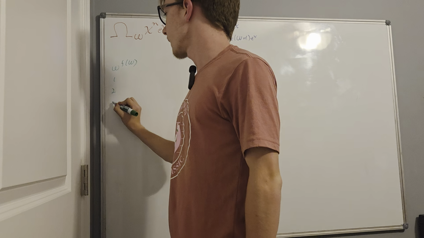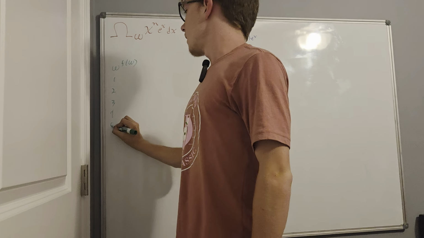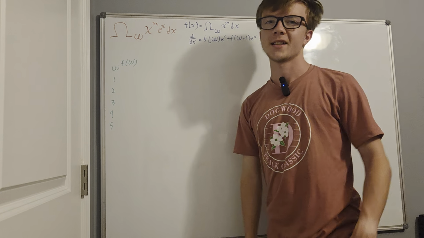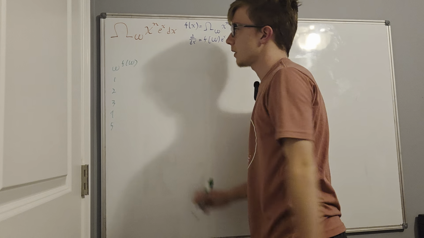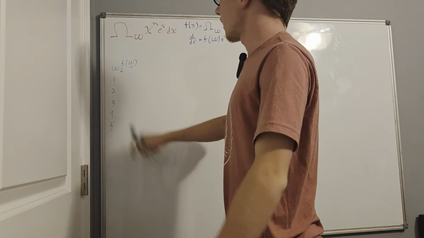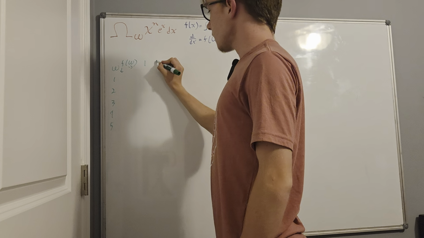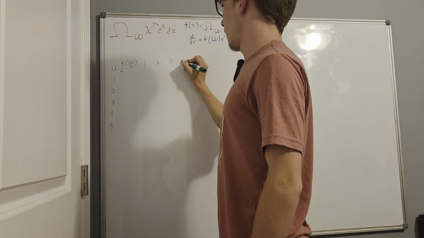So for my first, second, third, fourth, I'll go to 5. Actually, before when I was doing this, I had like a 10 by 10 table of these. But this will work now just to show you what's happening. We're going to have 1, 2, 3, 4, 5.